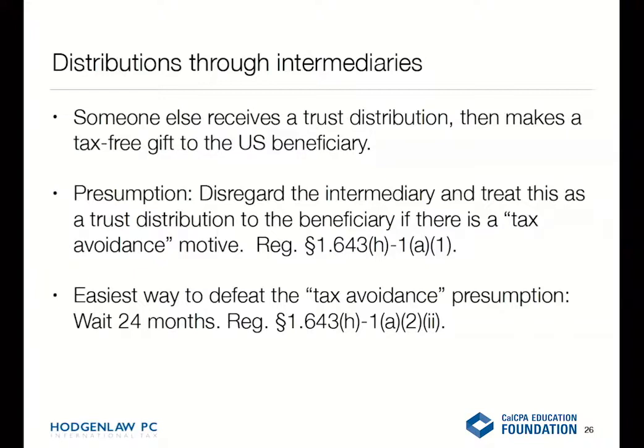And if the second step happens within 24 months, there will be an automatic presumption that there's a tax avoidance motive. So the easiest way to defeat that, at least the presumption, is to wait 24 months. But I think if the facts and circumstances still indicate tax avoidance, you could still have some problems there.